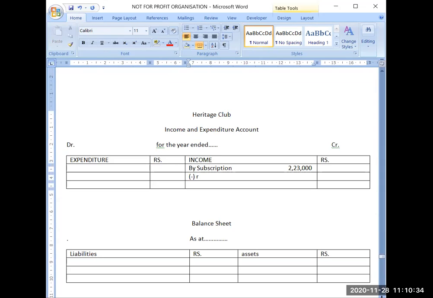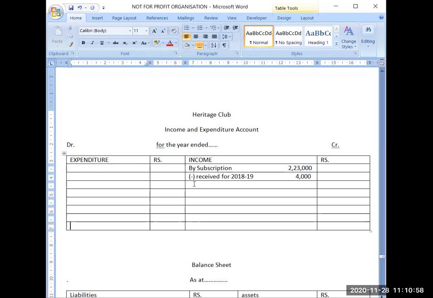Minus received for last year, or you can write the year here, 2018-19. 4,000 we have received. So we will subtract it. That will become 2,19,000.